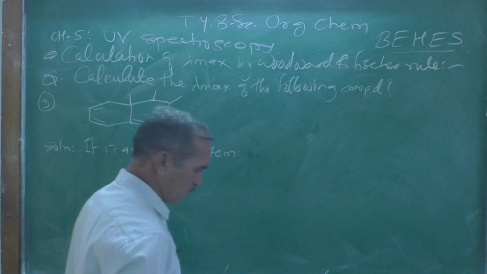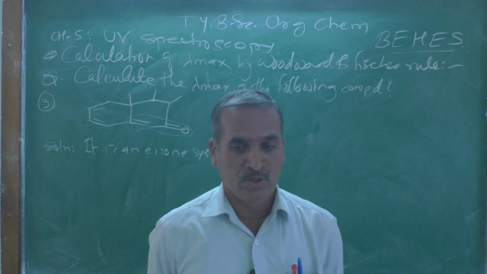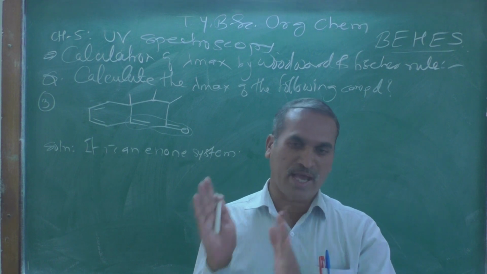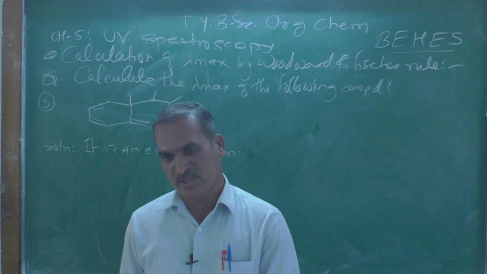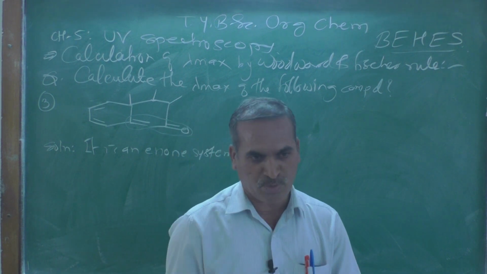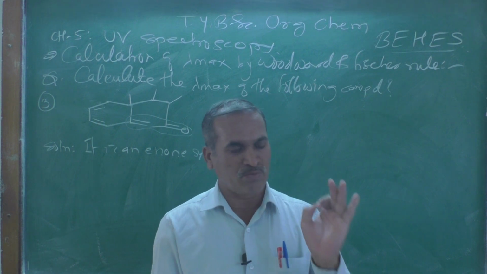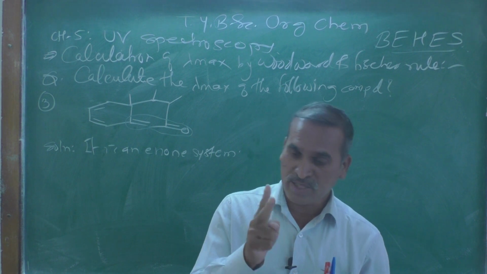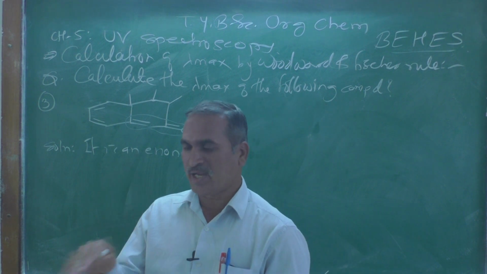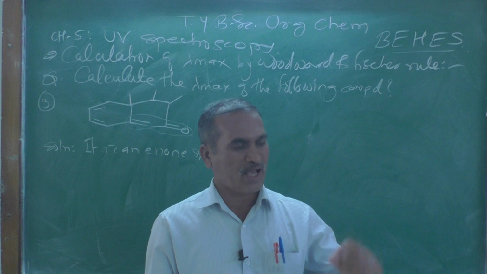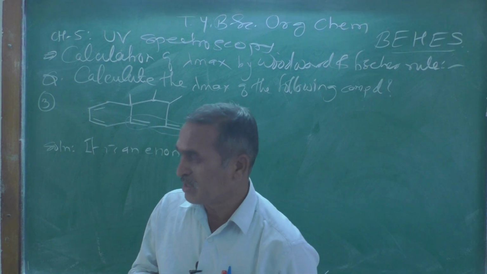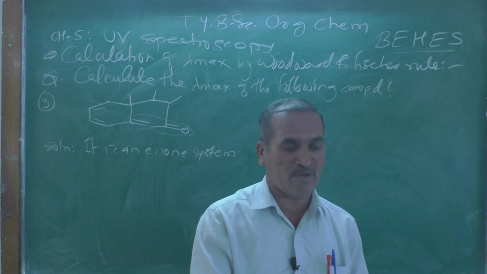And as we know, once you recognize it is an enone system, what is the next point? The next point will be the base value. If a diene system is present, it has only one base value, but for an enone system there are 3 base values.